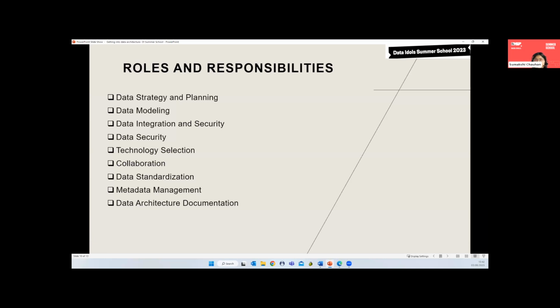Collaboration is very important, specifically in the data architecture role. There's not even a single day when a data architect would work solely without collaborating and contributing with data engineers, data scientists, and business stakeholders.